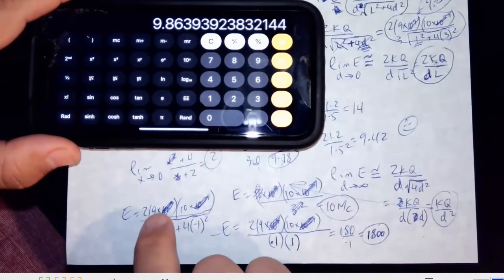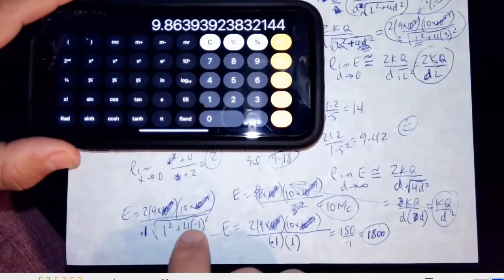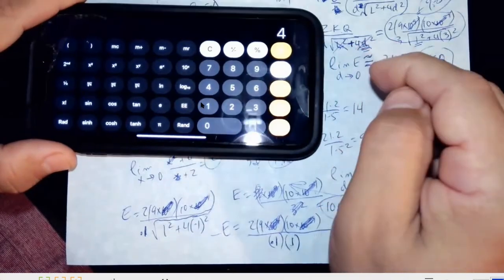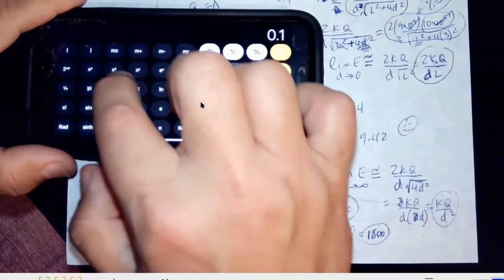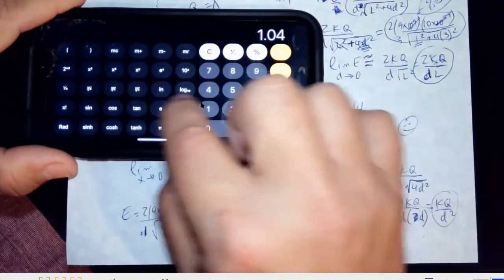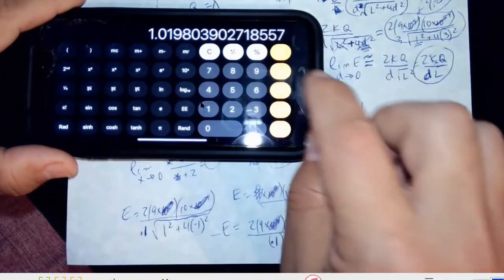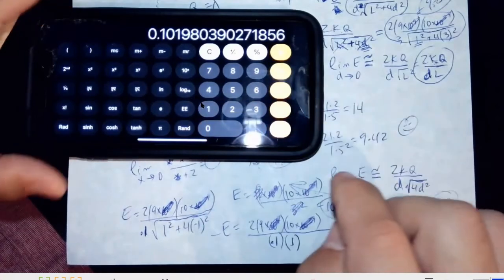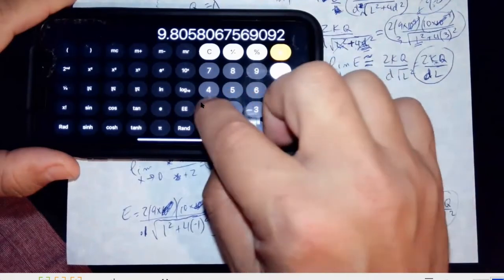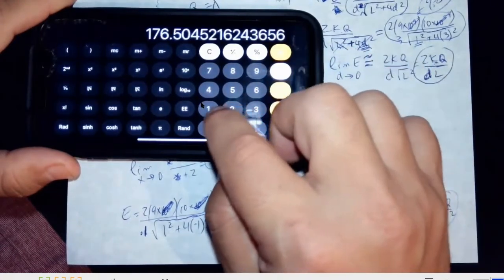So let's start from the bottom. 1 plus 4 times 0.1 squared, equals, square root, times 0.1, inverted, times 18 times 10.